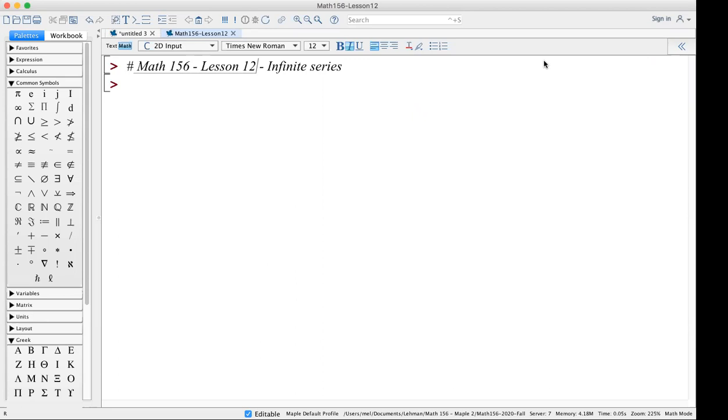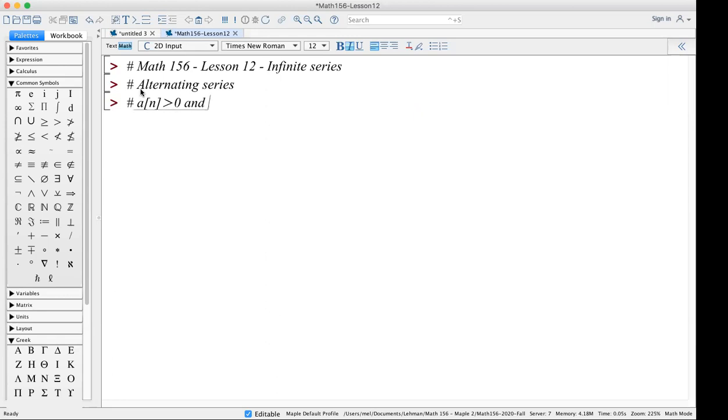So this is a lesson about infinite series, and the first type of series we're going to consider are alternating series. In alternating series, you have numbers a_n, which are positive, and they are decreasing.